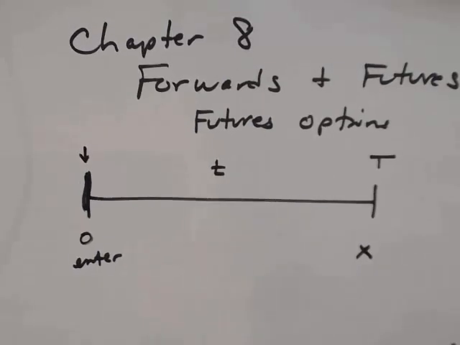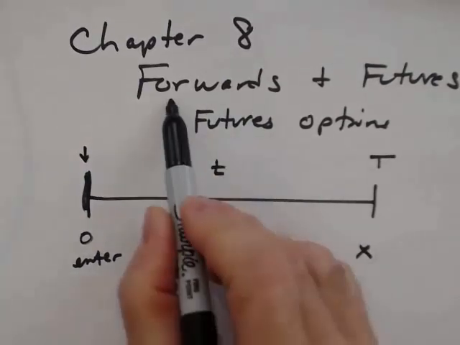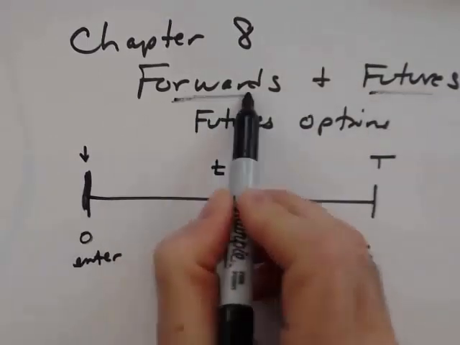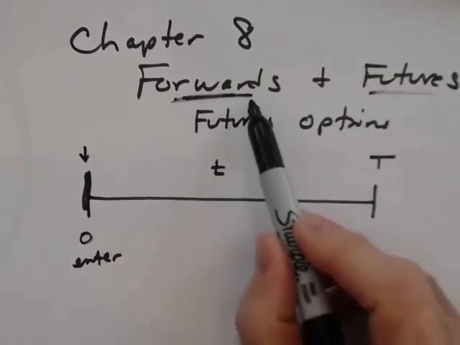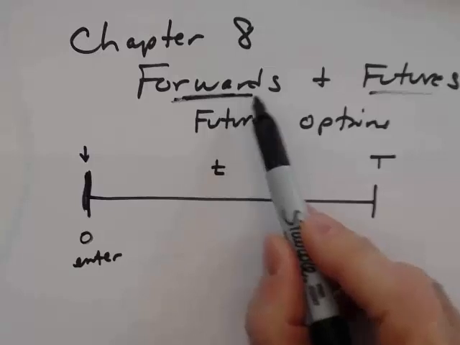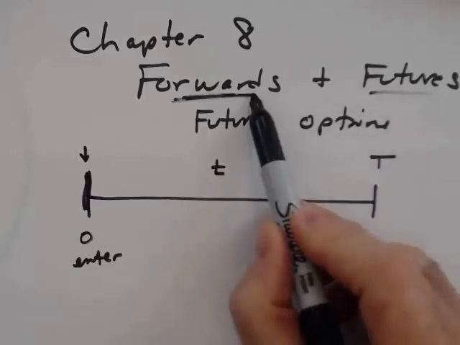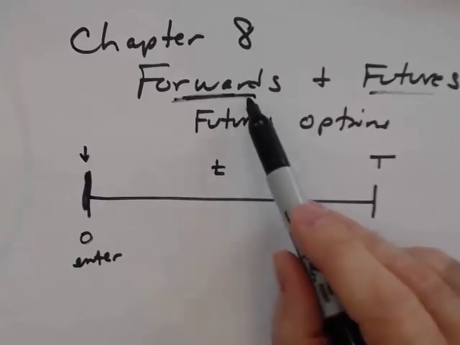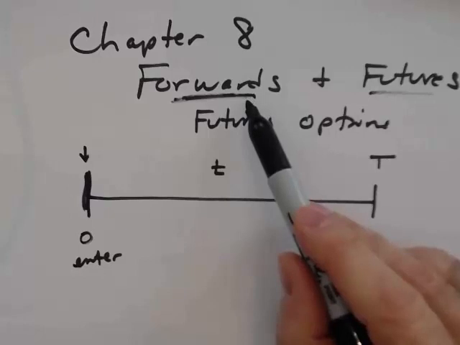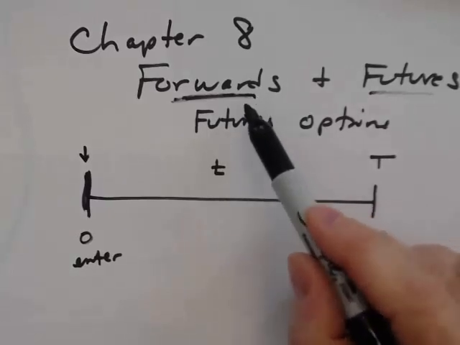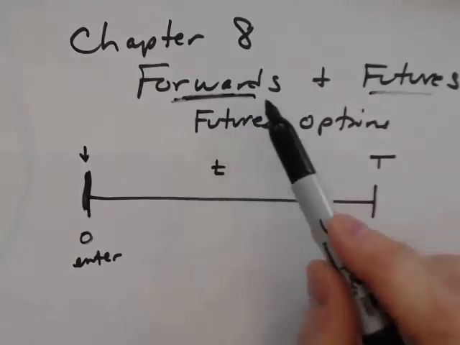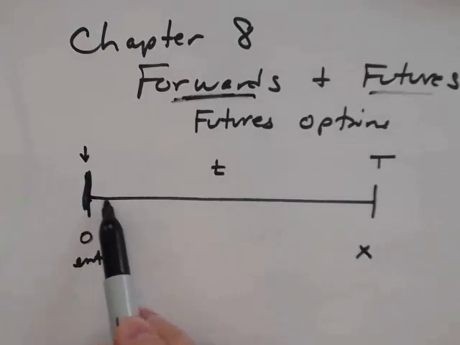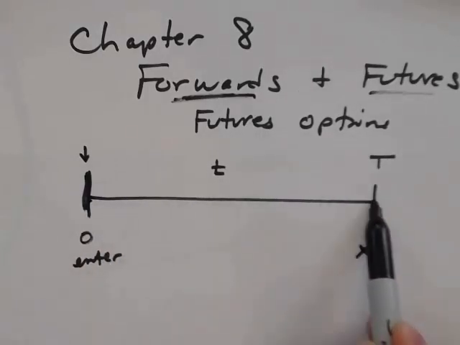Okay. So let's differentiate between forwards and futures. Another distinction between forwards and futures is forward contracts, like I said, are over the counter. They're negotiated. They're not marked to market every day. And so you enter into a forward transaction, and nothing really happens until expiration. So you enter in time zero, nothing really happens until time T, capital T here.